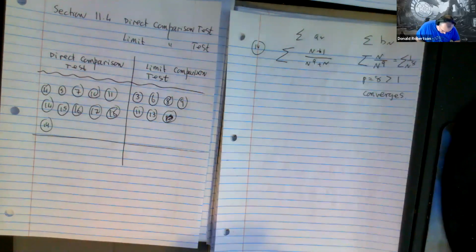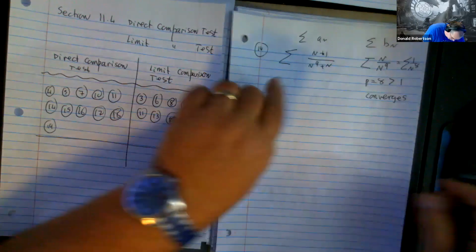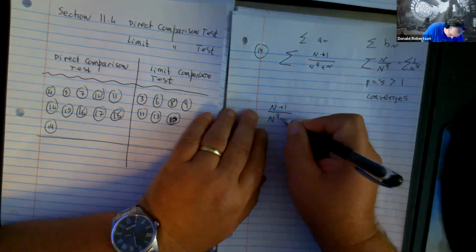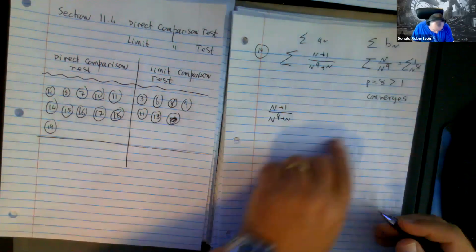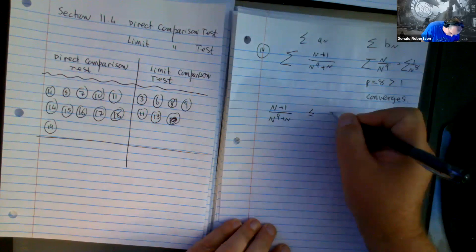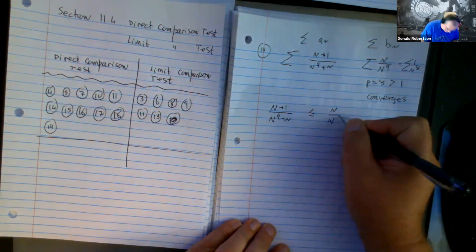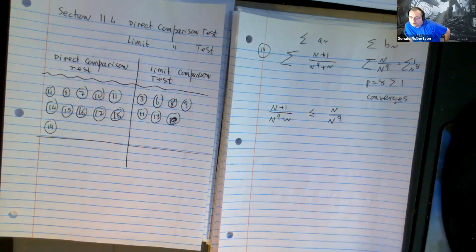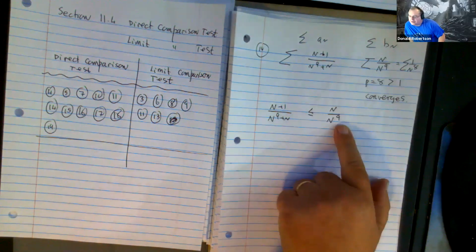Now, is it true that n plus 1 over this guy is in fact smaller than this fellow? Because if it's true, then you notice that I've not done the n to the 8, I've kind of written it in the unfixed form.